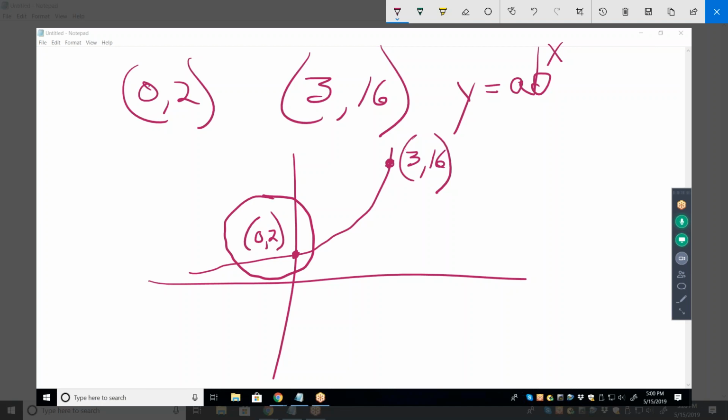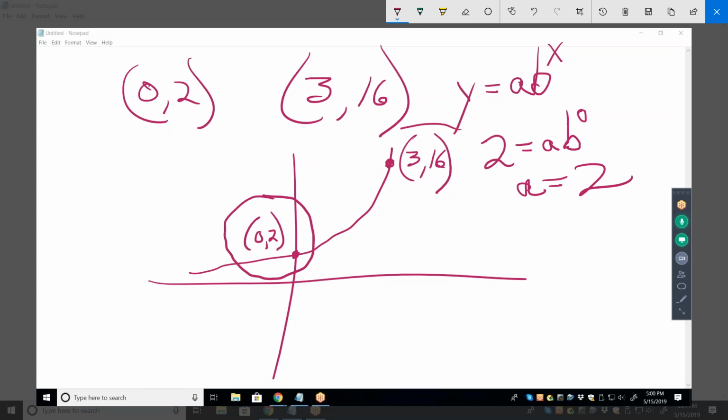Well, first of all, we know what y is, right? 2. In other words, I can write 2 equals, I don't know what a is yet, but I know what b to the 0th is. 1. So a is 2. Okay. So now I've solved for a is 2.